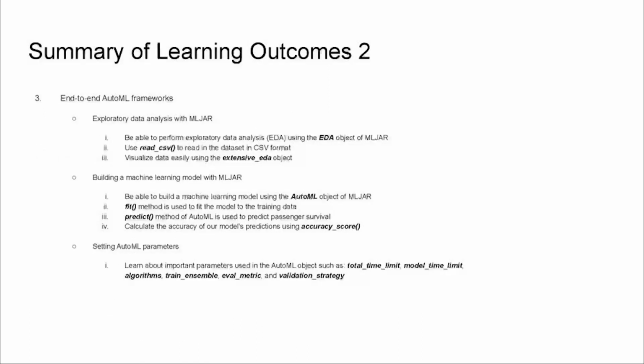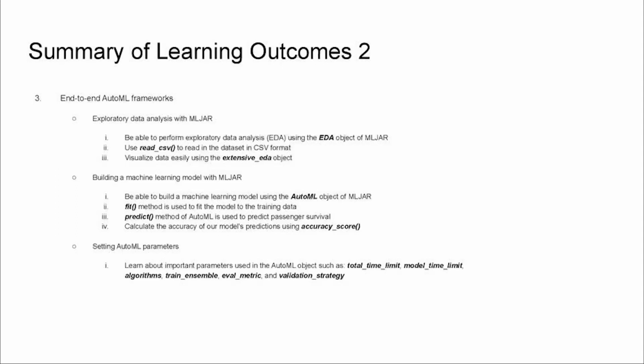In the third section of this course, we looked at end-to-end AutoML frameworks. Firstly, we looked at exploratory data analysis with MLJAR. In this, we performed exploratory data analysis using the EDA object of MLJAR, and used the readCSV function to read in the dataset in CSV format. We visualized the data using the extensive EDA object.